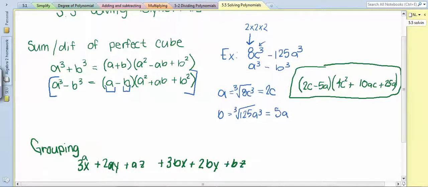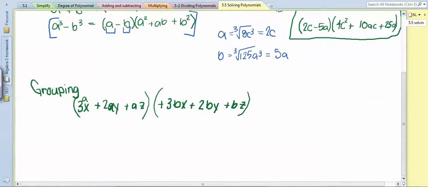Before I continue, I want to see, do they all have A's? Well, the first 3, yes, they all have A's, so that's good. And the last 3, they all have B's, so that's good. So I'm going to group them. If that wasn't the case, I could rearrange the variables so that they all had something in common.